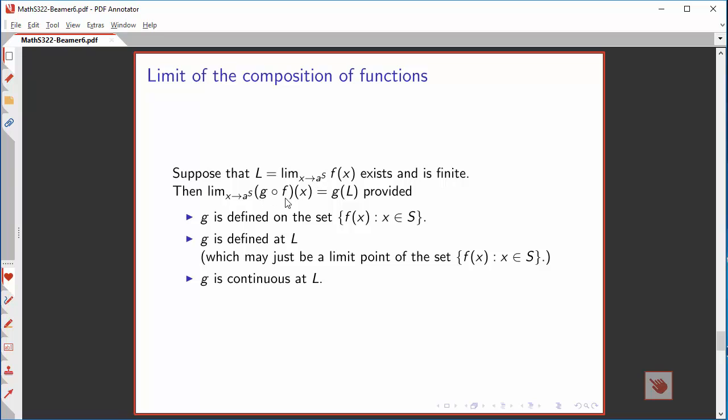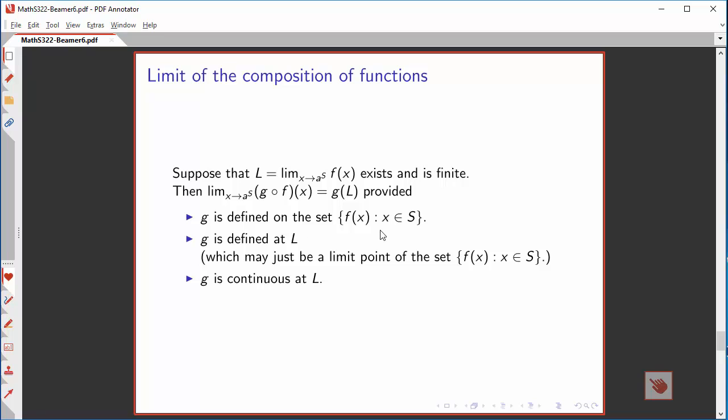Then, if we take g of f of x, the composition of g and f, the limit of that composition function is going to be g of L, provided all the following things are true. g has to be defined on the image of the domain of f. It has to be defined on the set of function values that you get by applying f to S. Furthermore, it has to be applied to L.